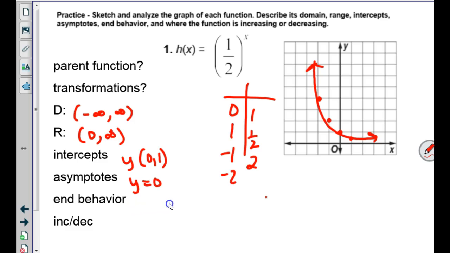End behavior? Left end? What is the left end doing, guys? It's going up. So as you go left, it's going to approach infinity. As it goes right, you're going to approach 0. Is this increasing or decreasing?